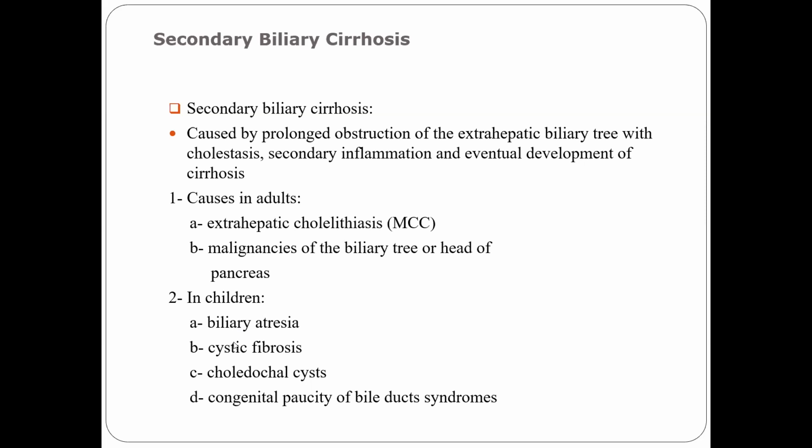Cystic fibrosis, where all the secretions of the body are so thick that they may become inspissated and themselves present a mechanical obstruction to the flow of many things, including bile. Choledochal cyst, also in children, may be a cause of that. And there is also a congenital syndrome, congenital paucity of bile duct syndrome, that could be causing this as well.